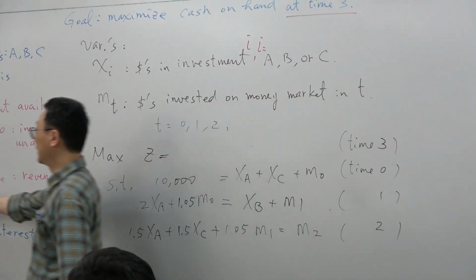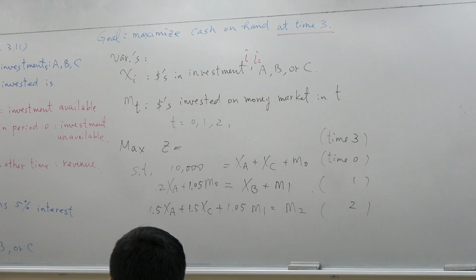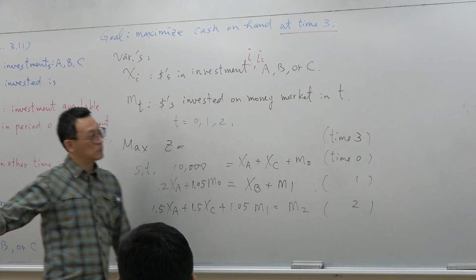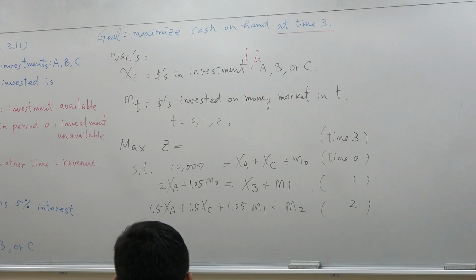Right now we don't have any investment available, but we still have a choice to put money into the money market, M2. That's for time 2. So the result of period 2 will influence the money we have at time 3.